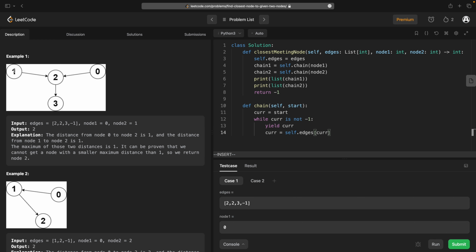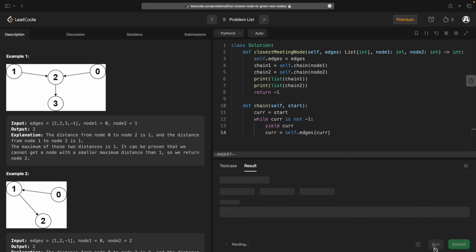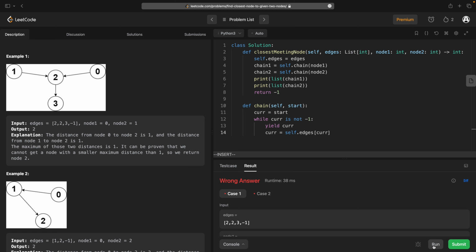So if I'm at 1, 1 can walk to 2, 2 can walk to 3. So I think this works. Let's just run this first and see how far we get.